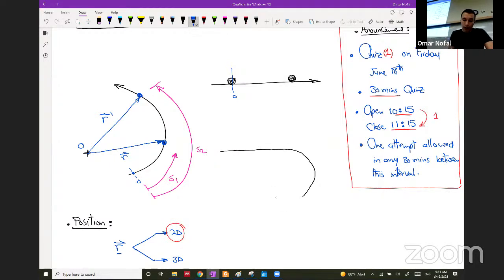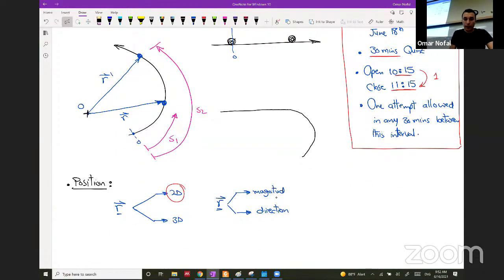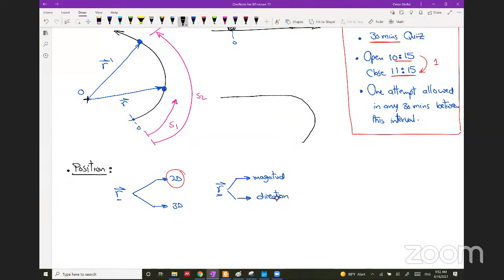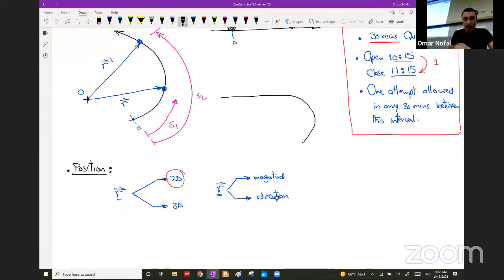As you know from vector algebra, the vector R has a magnitude and direction. You should be able to get both of them, and we will see how. So this is for the position: you have R vector and R dash vector, and this is how we describe the position on this curved path.